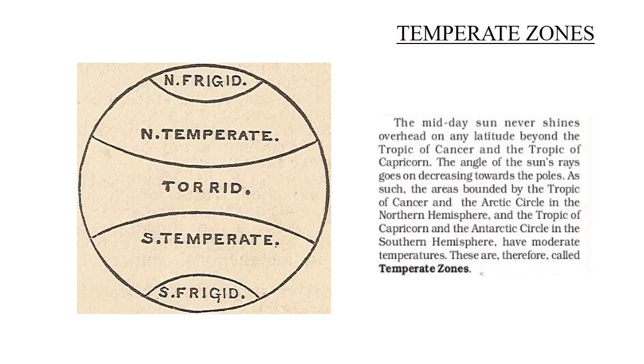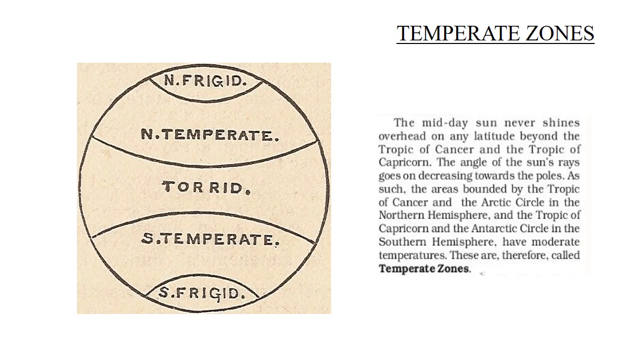When we talk about the temperate zone, we have two temperate zones. One is in the northern hemisphere, the other is in the southern hemisphere. The northern one is known as north temperate, the southern one is known as south temperate. Now, the north temperate zone lies between 66.5 degrees north and 23.5 degrees north, whereas the south temperate zone lies between 66.5 degrees south and 23.5 degrees south.